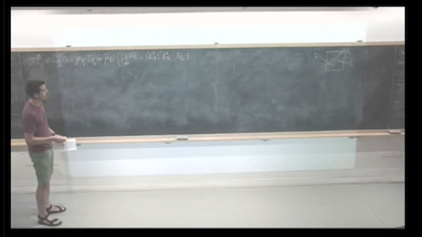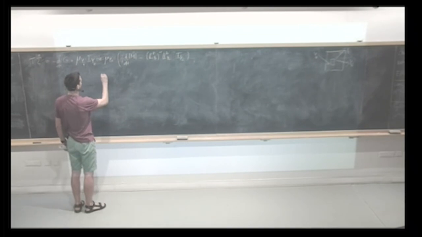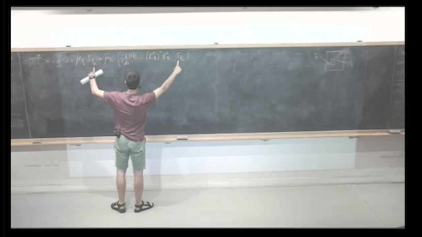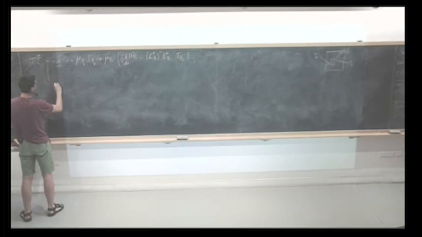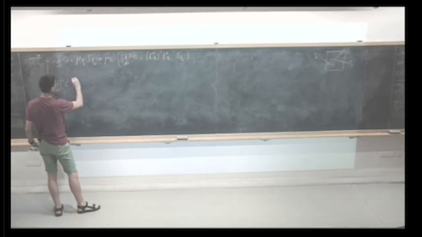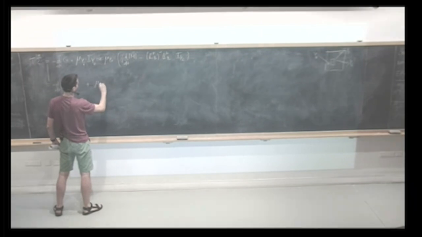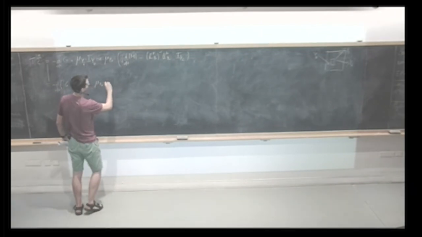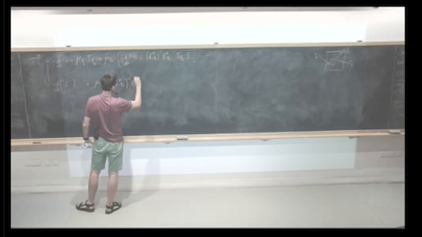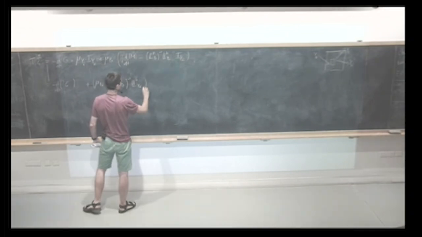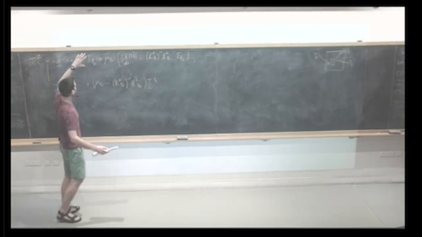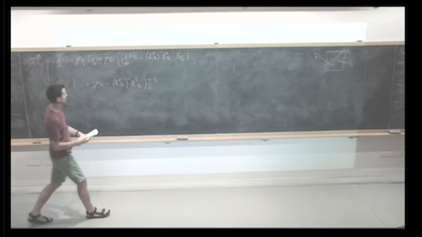Okay, now what can I do? I can factorize IF, right? So I can rewrite this as minus time derivative of G, let me write it like this, plus YF minus lambda broken YP minus lambda broken YF, IF. Okay, I'm just factorizing IF for this term and this term, right?